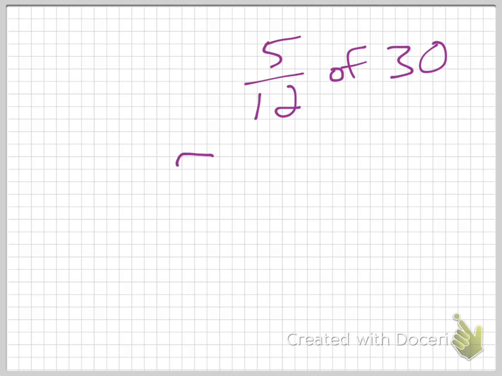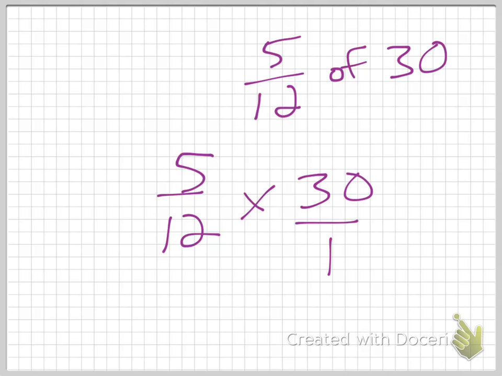Good, perfect. 5/12 times 30 over 1. Perfect. Now what? Is there anything I can reduce? Yes. What can I reduce? 30 and 12. Reduce it by? If you had done 3, that would work. But then what would you have to do? You'd have to reduce it again by 2, right?